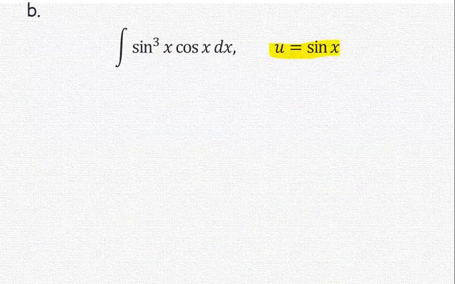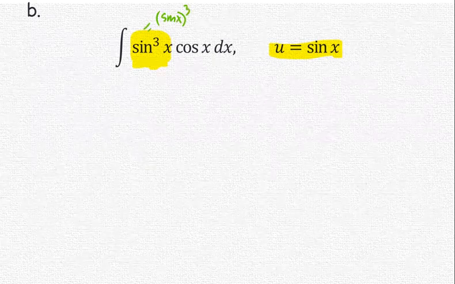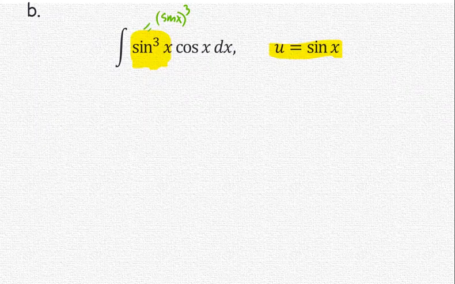Given u equals sine x, the problem already provided that, so the first step is already taken care of. Now, for our convenience, I see sine to the third power here. That is the quantity sine x to the power 3. I'm just putting the note in case you misuse the term.